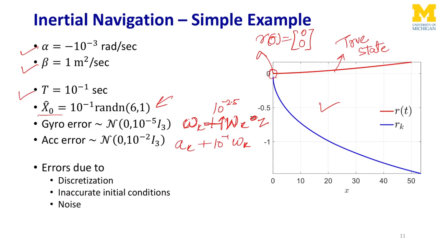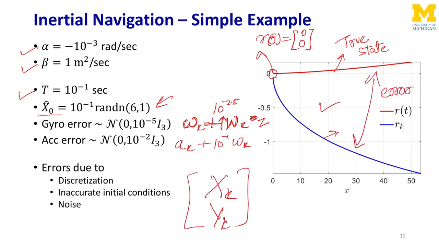So this is the true state, and this is what our inertial navigation system provides us, because we have initial error, we have gyro errors, and we have accelerometer errors. If we integrate the two equations that I showed you for xk and yk, this is sadly what happens. This is a huge error.